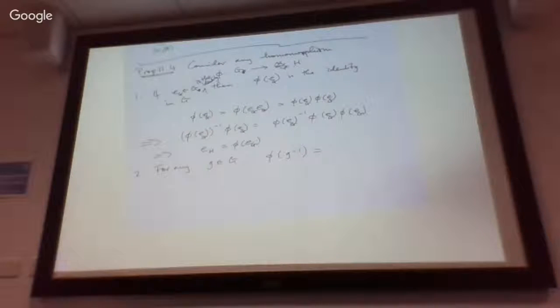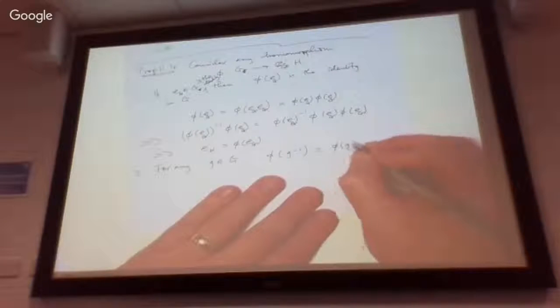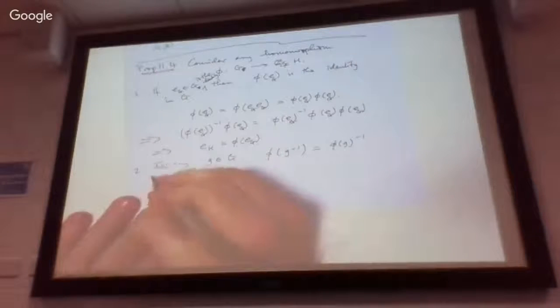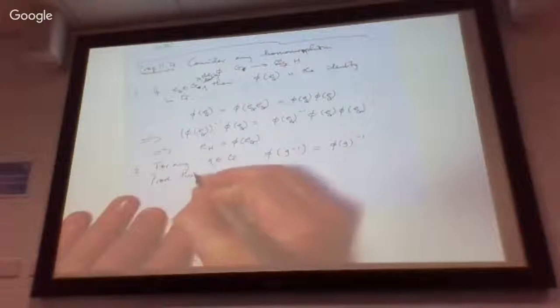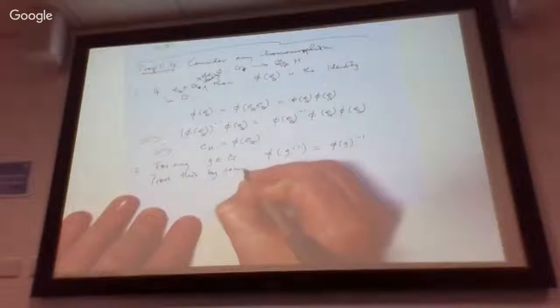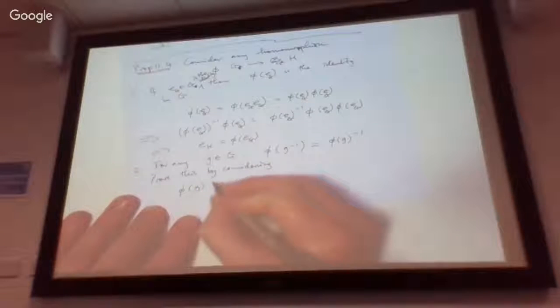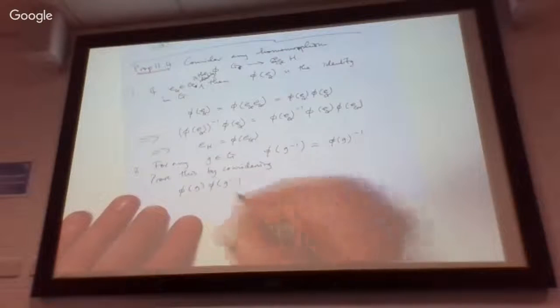We're going to send G inverse to the inverse of phi of G. We prove this by considering what happens when you multiply phi of G with phi of G inverse.